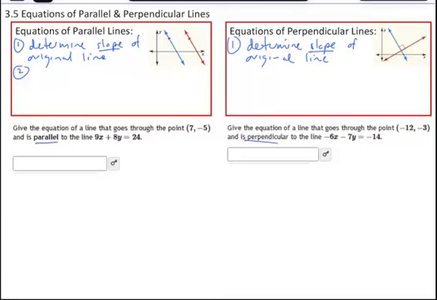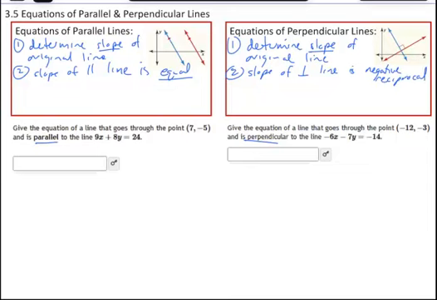Remember, if it's parallel, these are going to be equal, and if it is perpendicular, they're going to be negative reciprocals. So you'll use either of those depending on what your relationship is.